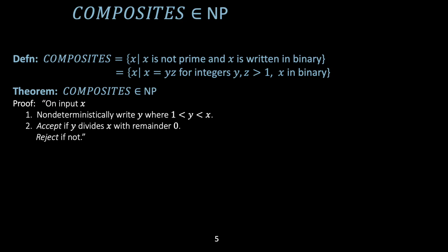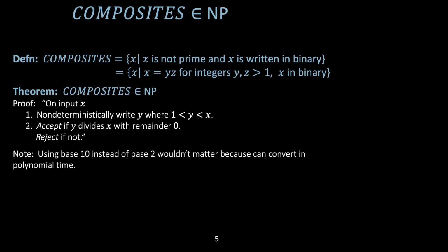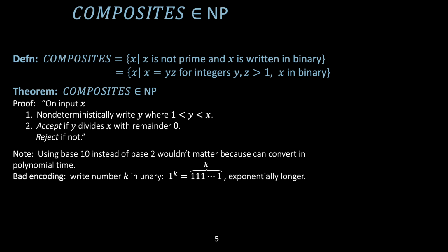The way that it's written on the slides, it says we're guessing, non-deterministically, y. You can also think of it as someone has given you the solution. It does not matter if I'm in binary or base 10, because you can convert in polynomial time between bases. The exception to that rule is that if you wrote your number in unary, then that number is exponentially longer.